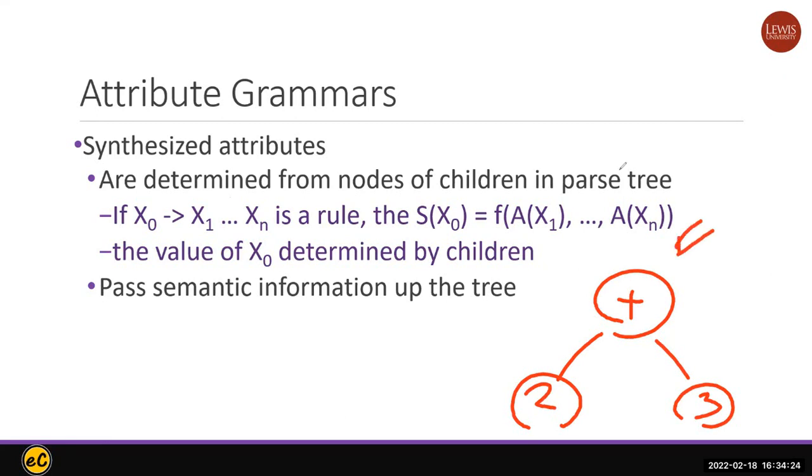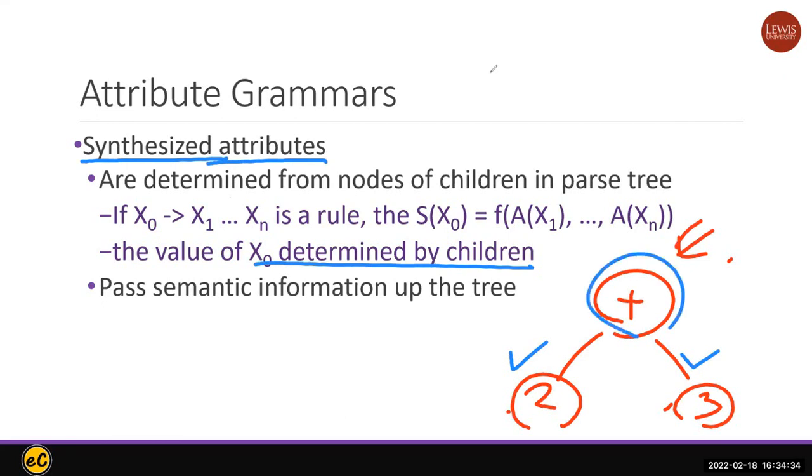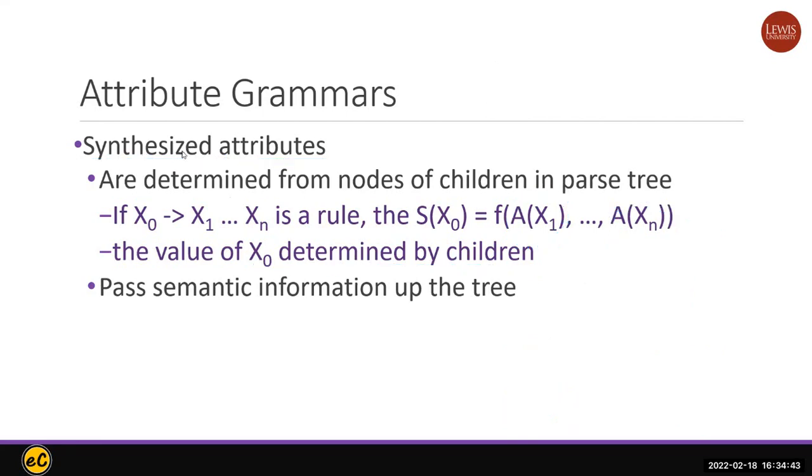So this node's value depends on the sum. These are called synthesized attributes. So your value is generated by the sum. You synthesize it using your components to build your value. That's called a synthesized attribute, or S-type attribute, okay.